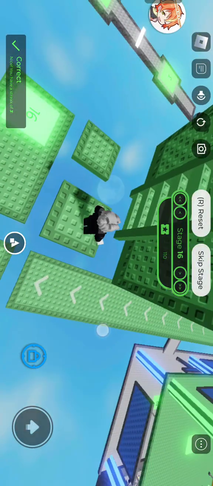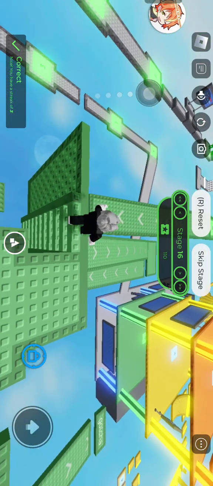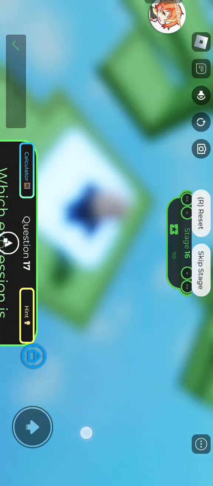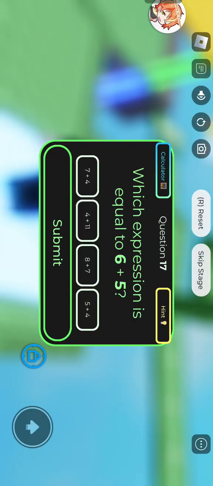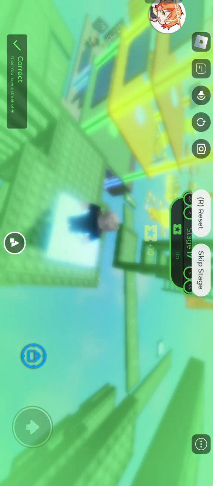Okay, let's see. Which expression is equal to 6 plus 5? Expression is 6 plus 5 is 10. 7 plus 4. 7 plus 4.